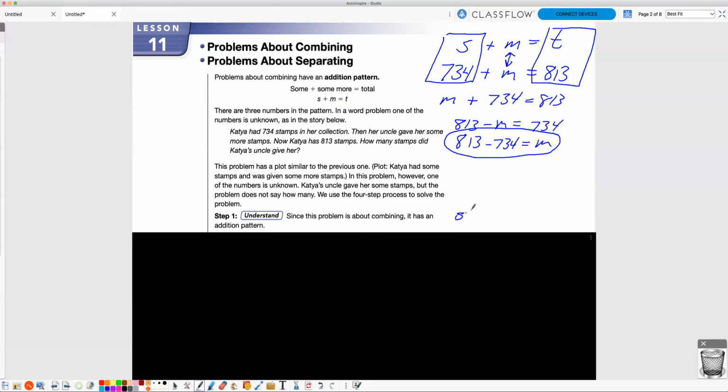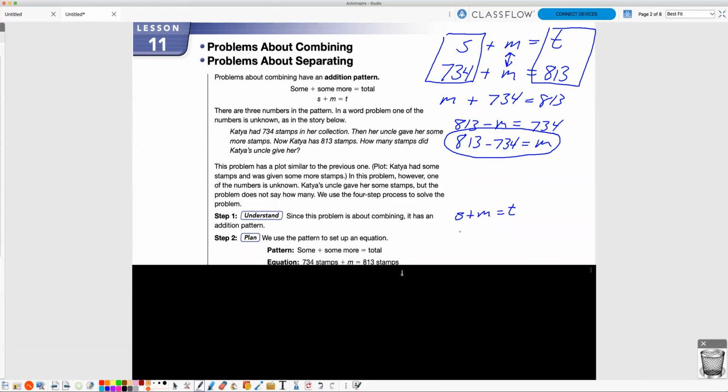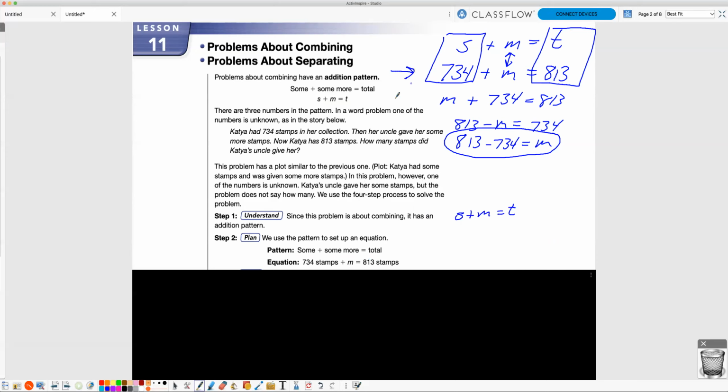So sum plus some more equals a total. Then we plan that out. The pattern is sum plus some more equals a total. Your equation will be 734 stamps plus some more equaling 813 stamps, as I had done up here. This was the initial equation in step 2.